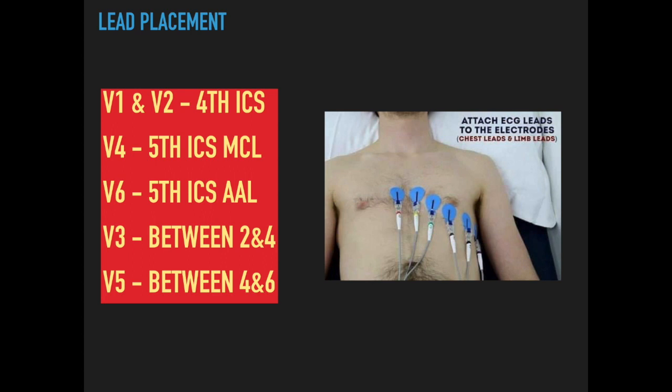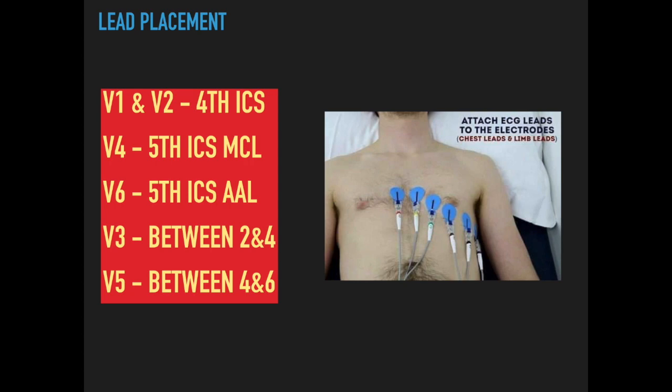This is how we should have always been doing it. It's just that people see other people placing V1 and V2 up towards the clavicles, and that becomes the new standard. So we need to revert back to the right way of doing things, which is to place V1 and V2 at the fourth intercostal space.